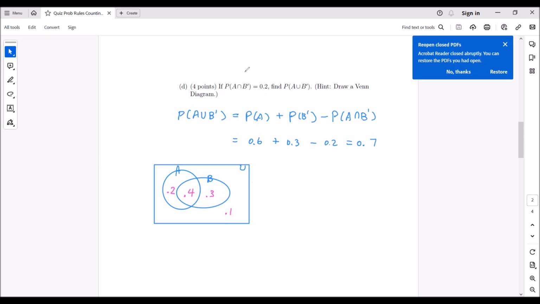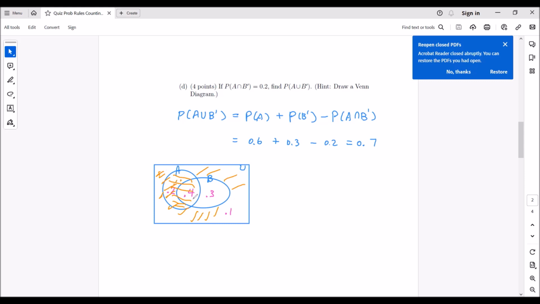So try to figure out that region. First of all, it's a union, so everything in A should be in A union B complement. So this should be included. And everything in B complement should be there too.